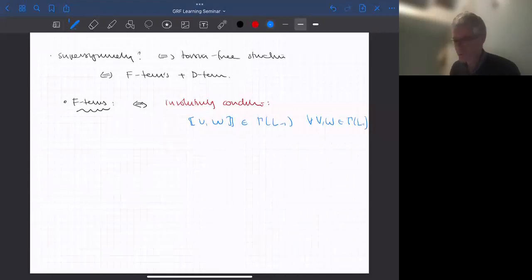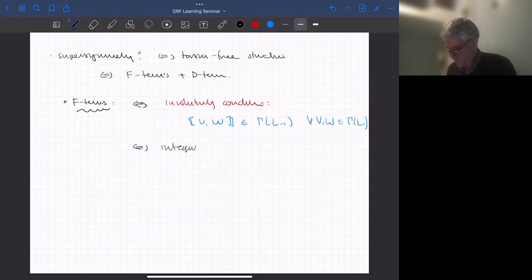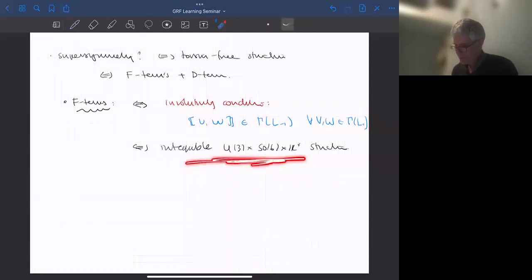So it's just like ordinary complex structures or generalized complex structures, you get some involutive condition. And it turns out that's the same as saying you have an integrable U3 times SO6 times R plus structure. So just requiring the integrability of the weaker structure is just this involutive condition.